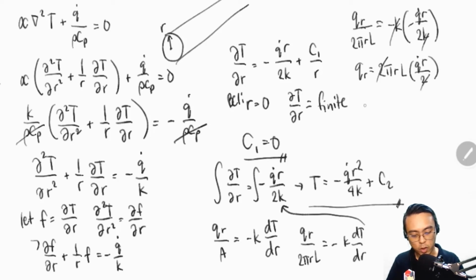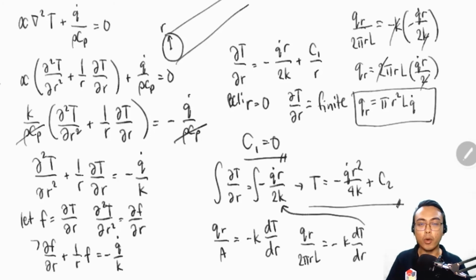We now have QR is equal to pi R squared L times the internal heat generation Q dot. This is now our rate of heat transfer for a cylindrical element with uniform internal heat generation.